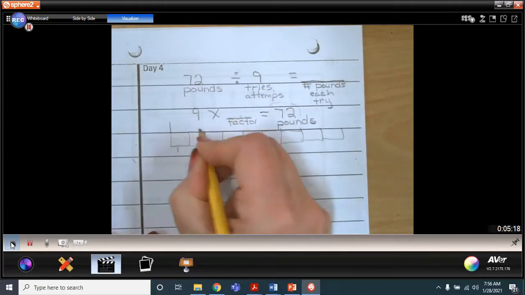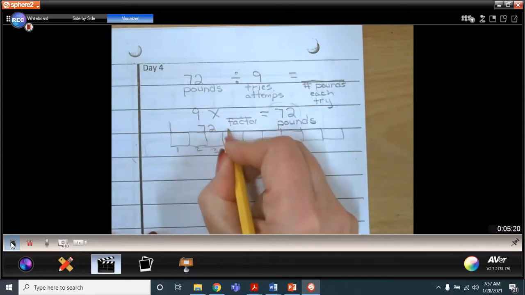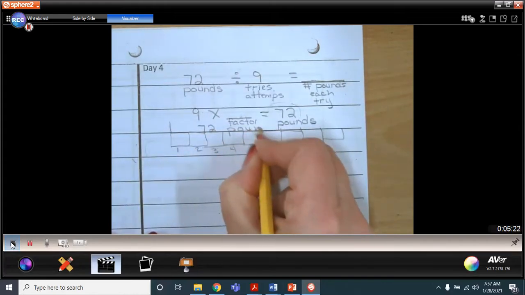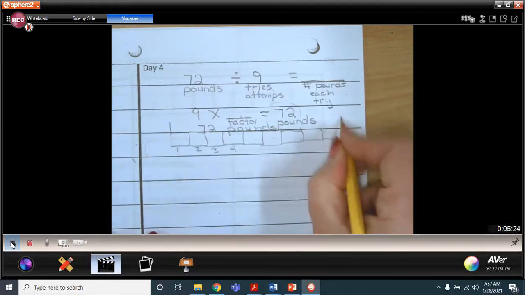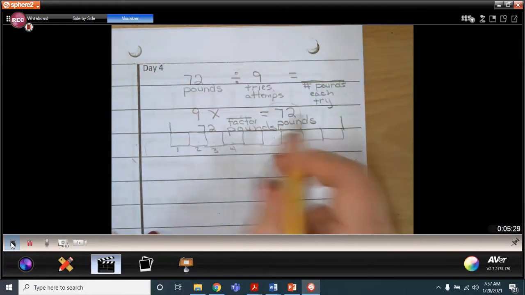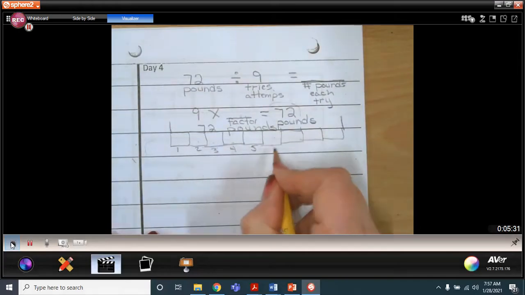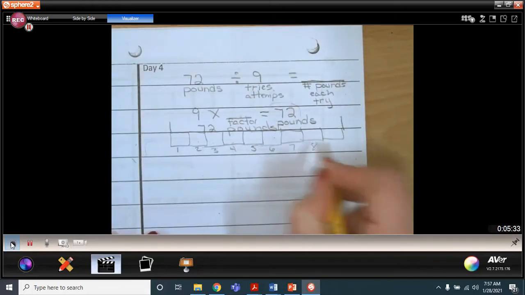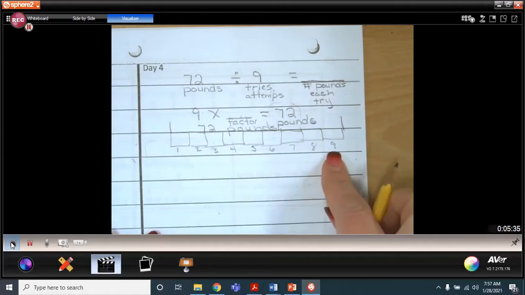And we know that he has lifted 72 pounds total. So we're going to take this 72 pounds and divide it equally into these tries or these groups. So those are the 9 groups or the 9 tries that he's attempting.